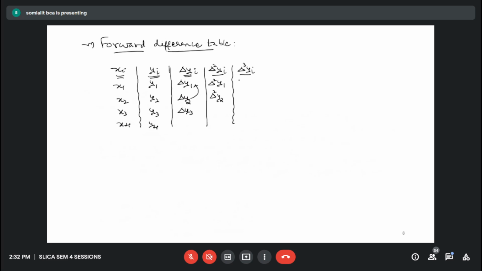This way, you can prepare the forward difference table. Here you have 3, then next you have 2, and finally you have 1. Now further you cannot find. Fourth order forward differences cannot be obtained here because maximum points are 4 in our case. So you have 1 less: 3, 2, and 1. If I would have chosen 5 here, then you can find fourth order forward difference also.